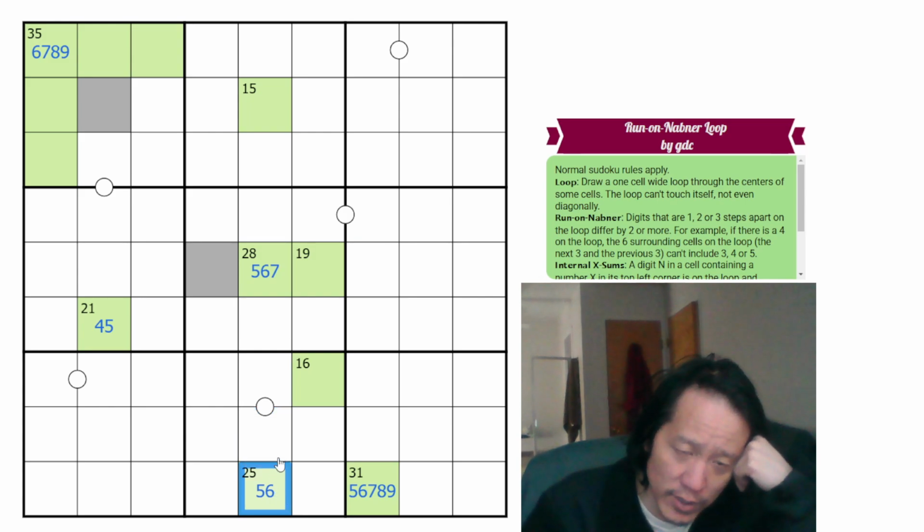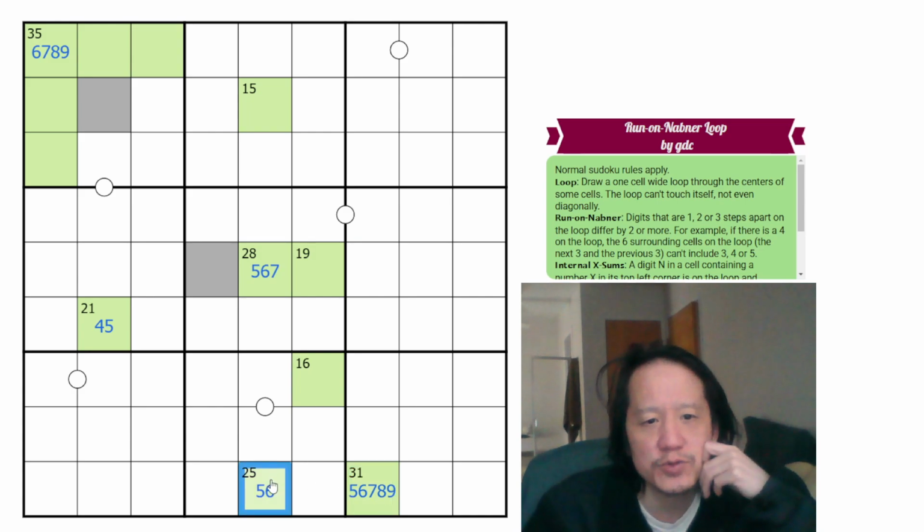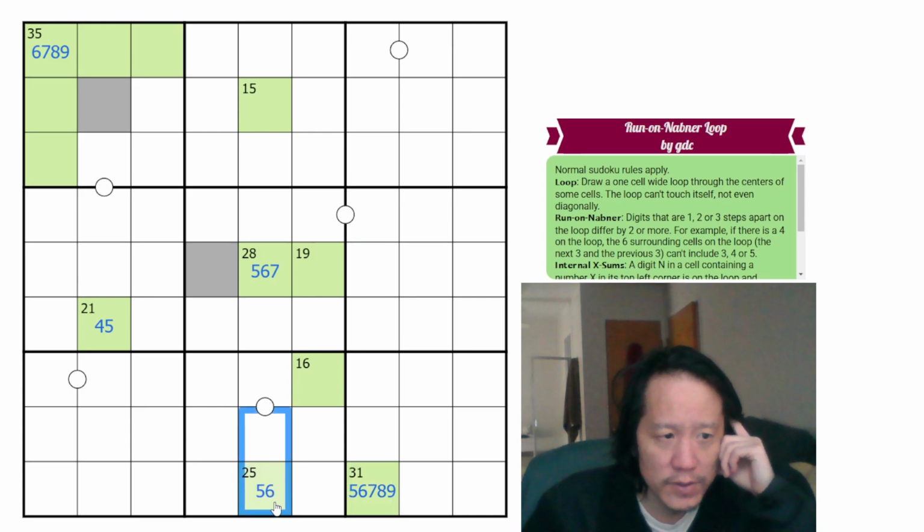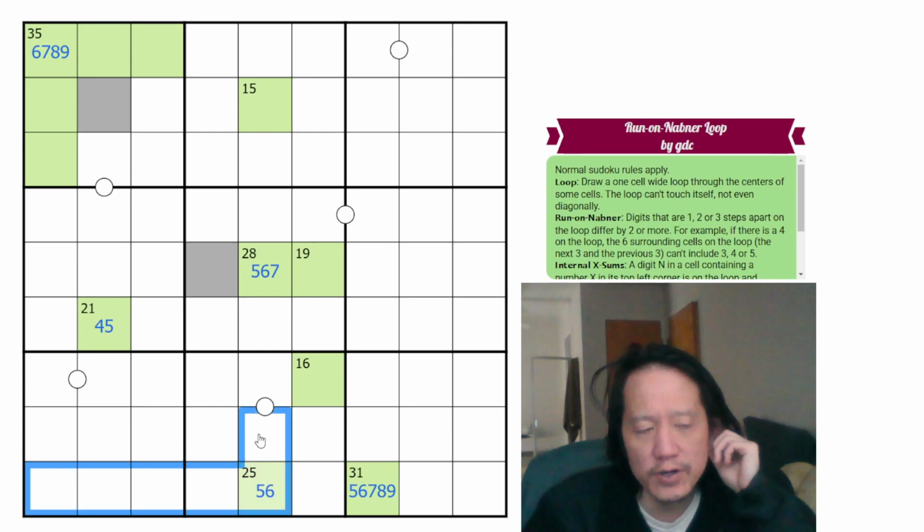But if it does go up, it does have to essentially go that way because it would be touching itself otherwise. So then it would have to go there, but then it would be touching itself again, which is not possible. So this cannot go up, which means it cannot go 5 this way and then go up.